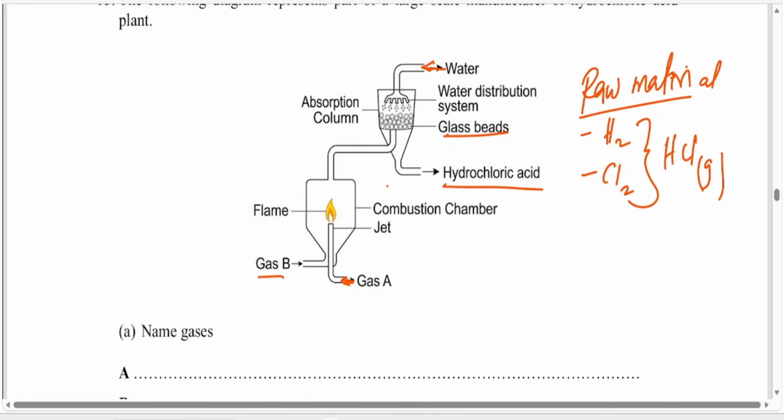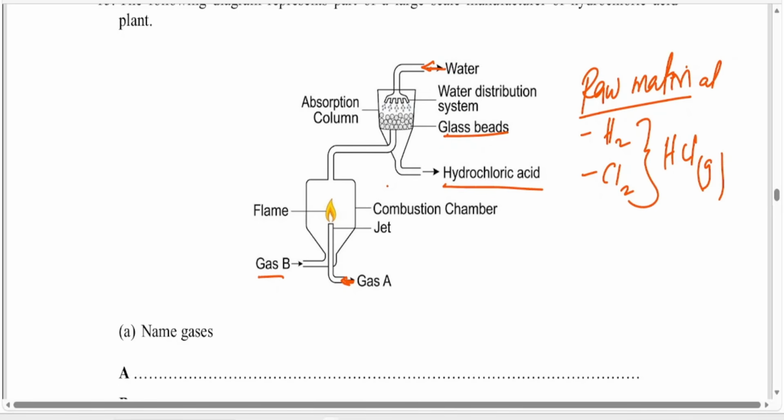Hydrogen gas is passed through a jet to react with excess chlorine gas. And this is because a mixture of these two gases reacts explosively when heated.